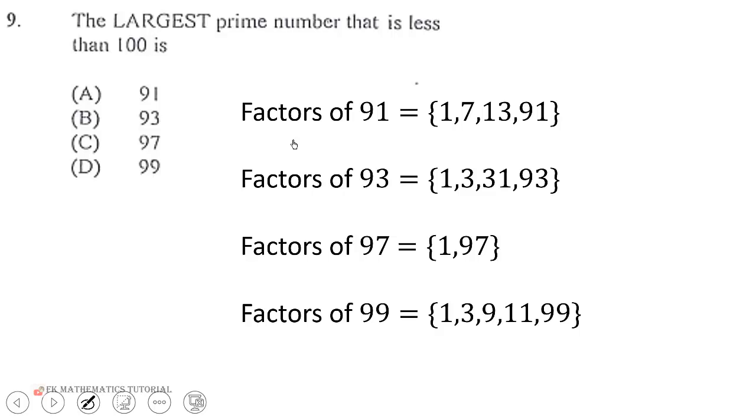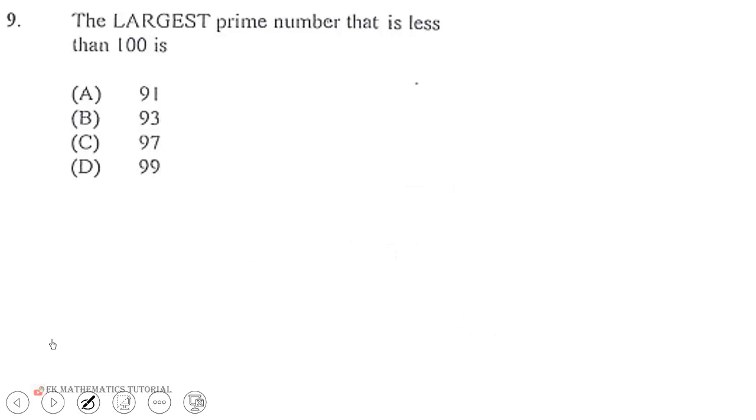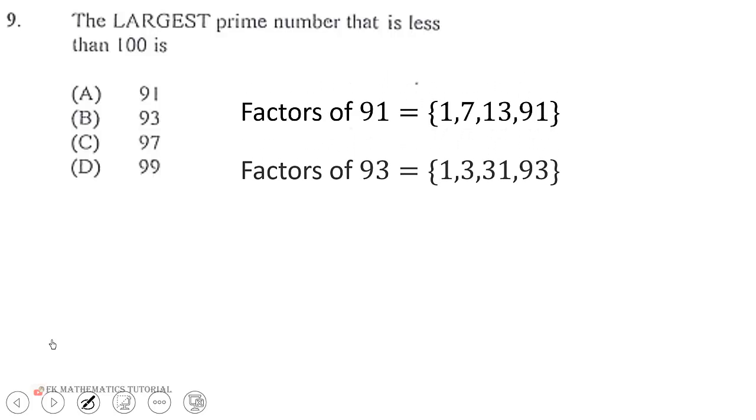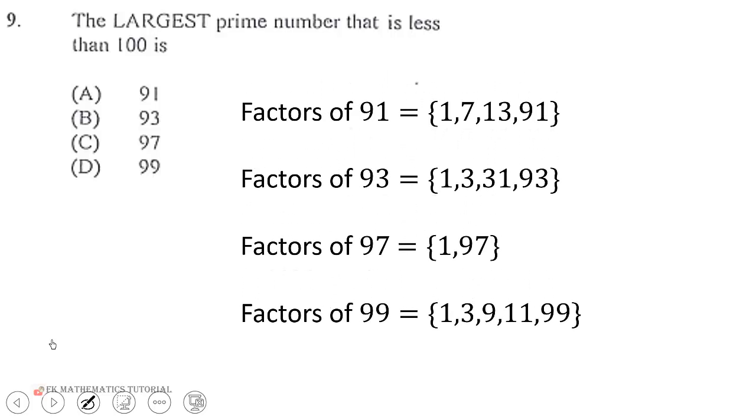So the remaining ones are not prime numbers. So the correct answer is C. The largest prime number that is less than 100 is 97. All the rest are not prime. Prime numbers have only 2 factors, the number itself and 1.